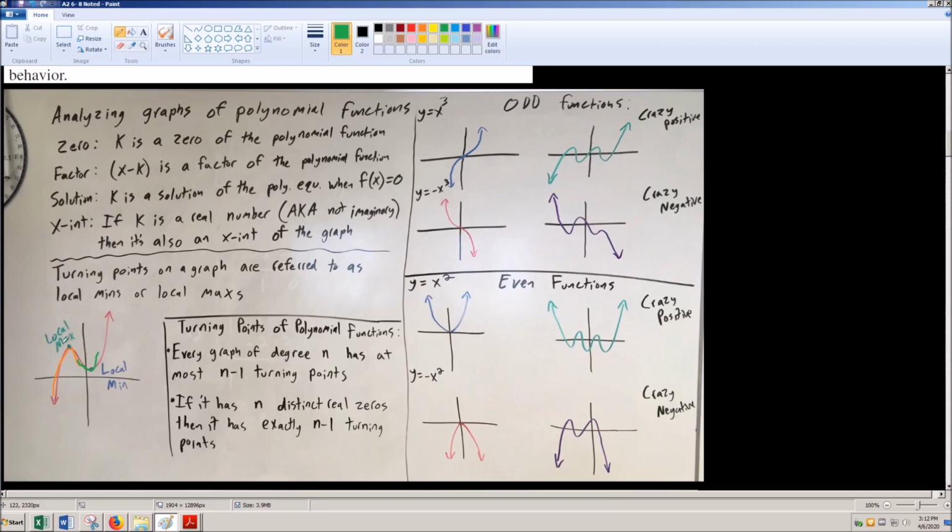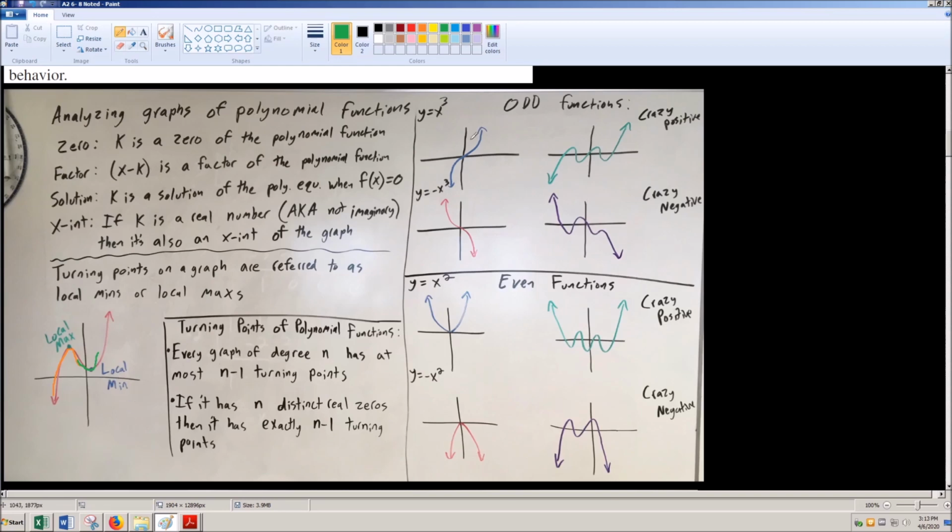So say I was a 5th degree, then I'm only going to have at most 4 turning points. And it may not be that many. So really what it comes down to is, if you have n distinct real zeros, then you have exactly n minus 1 turning points. So if I had 3 distinct zeros, I would have 2 turning points.